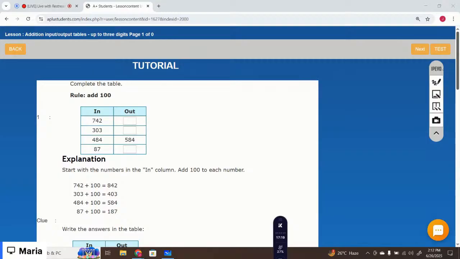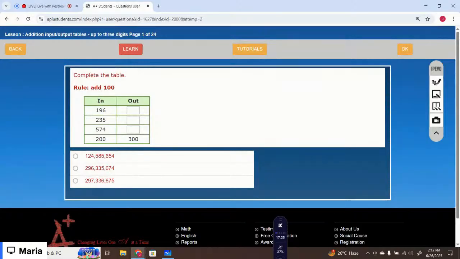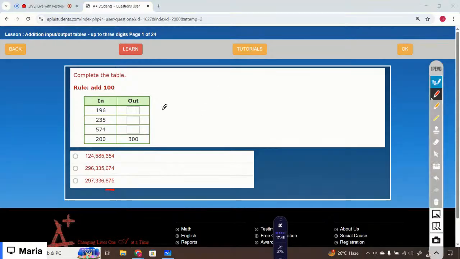Okay, let's just start with the test questions. So 196 plus 100 makes 296. Let's just add 100 to each value. 196 plus 100. We just have to add the digit at the hundreds place because the rest of the digits are zero. So that is 296, right?